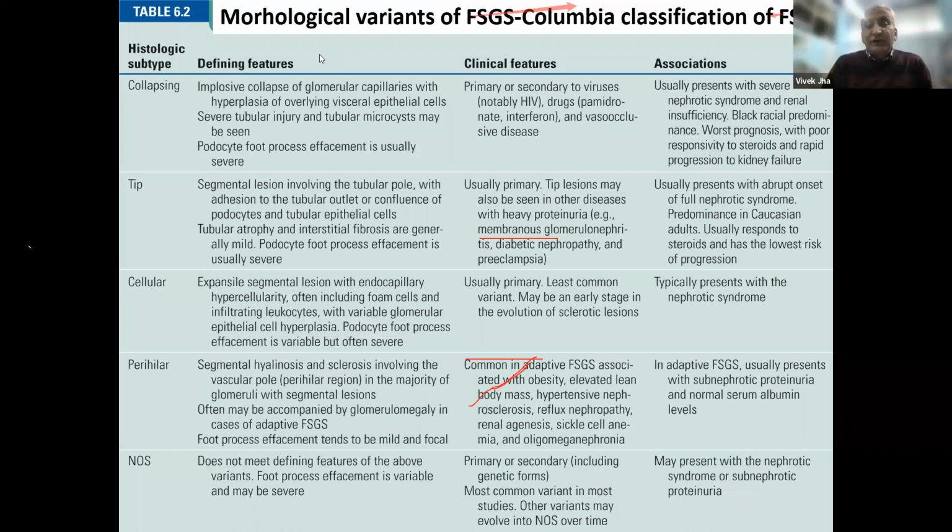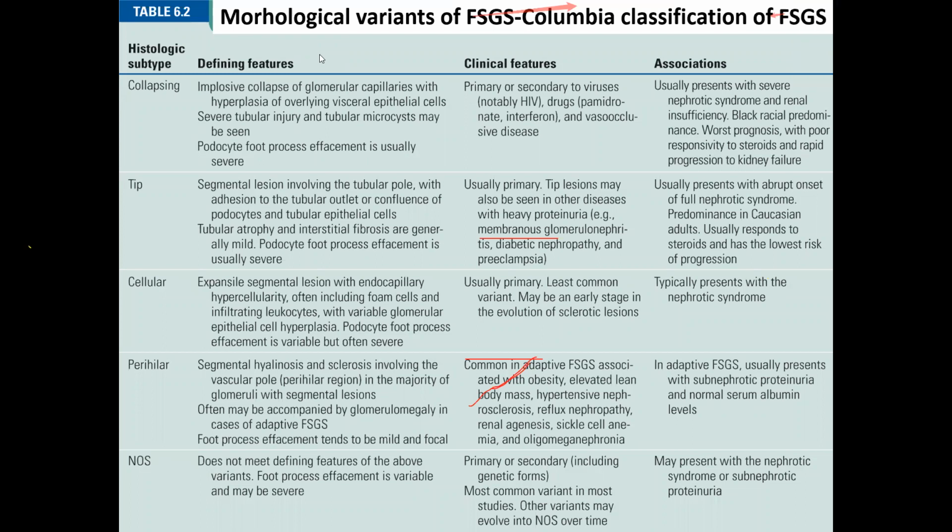There are a few more questions in the chat, Dr. Nada. So one question is the difference between collapsing FSGS due to COVID and other types of collapsing FSGS. Morphologically, there is no difference in whatever literature has been collected so far.